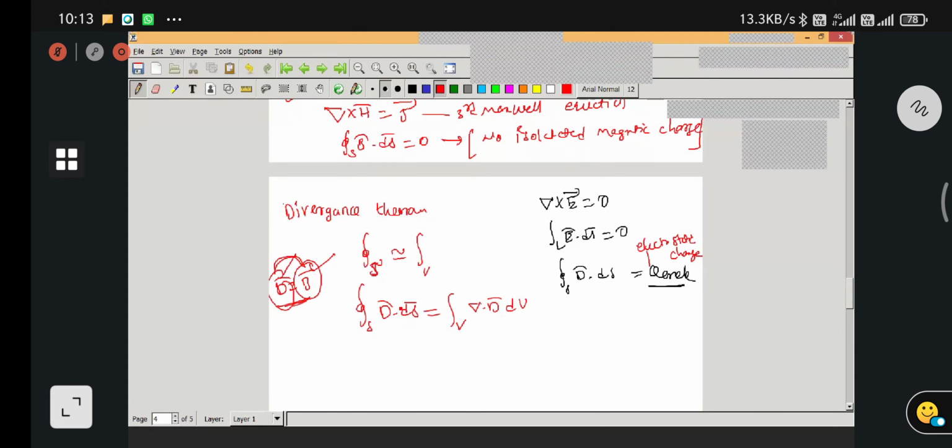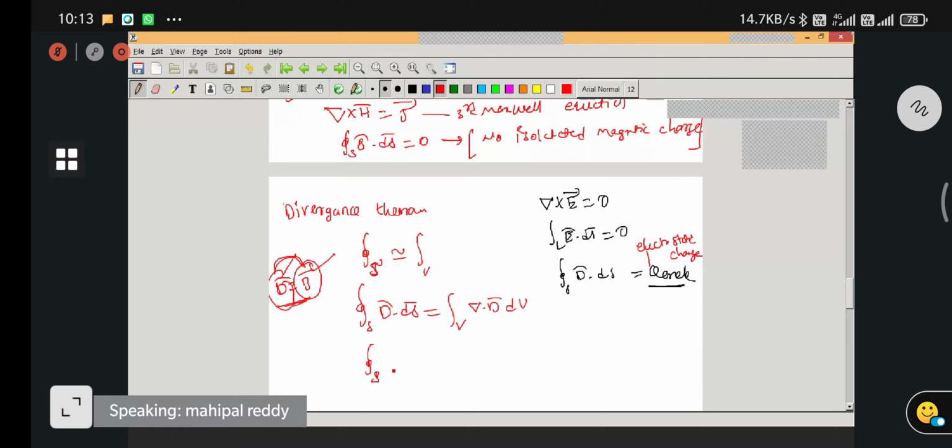Closed surface integral of B dot dS is equal to the volume integral of del dot B dV.